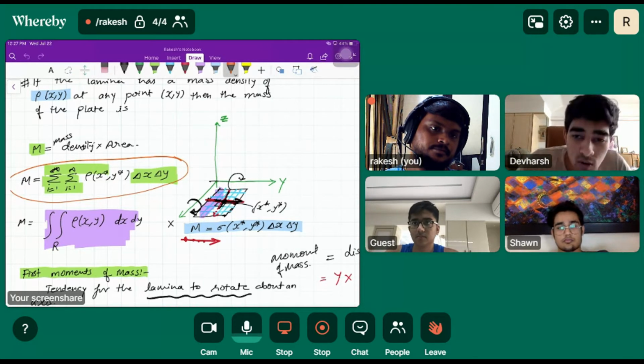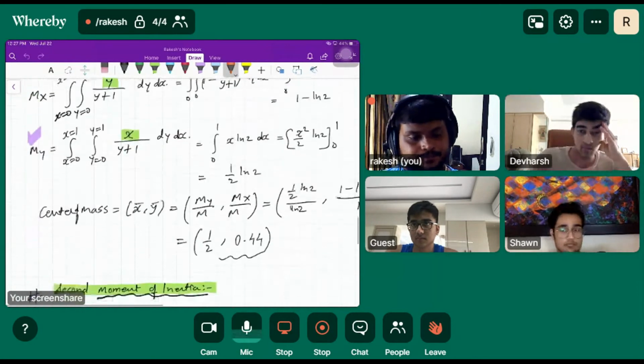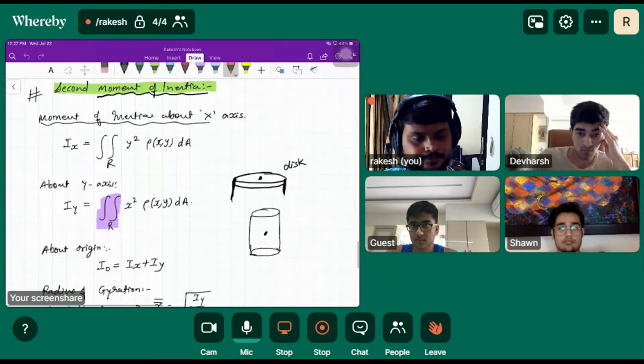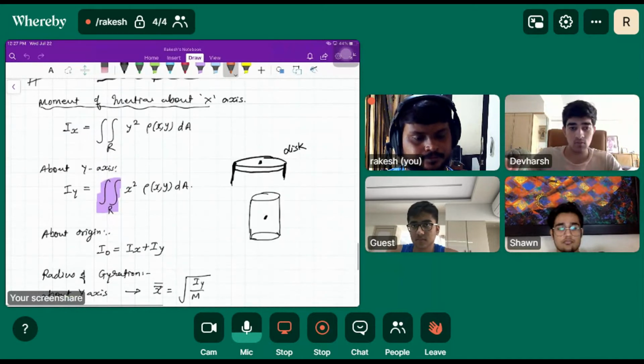So can you scroll down to radius of gyration? Yeah.